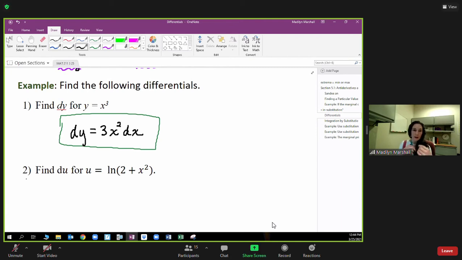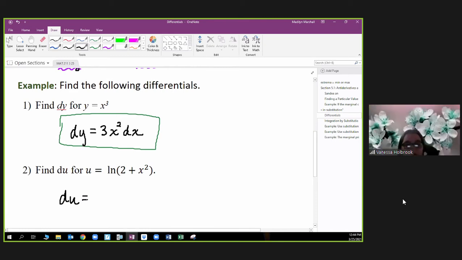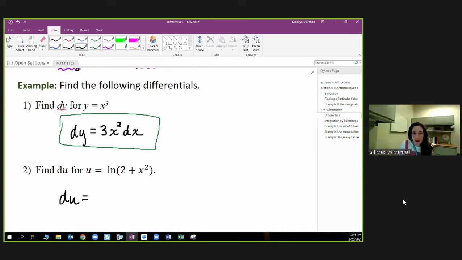So now instead of y equals a function of x, we have u equals a function of x. Well, this looks like a chain rule. It is a chain rule.